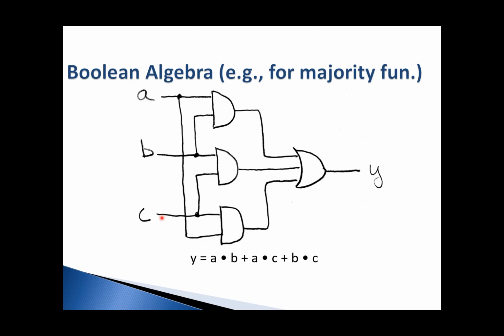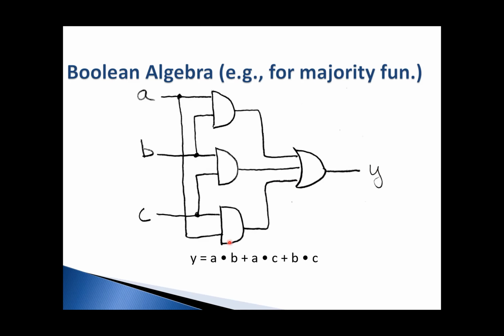And then I have A and C, which is here. So you have AB, BC, AC, the outputs. And what do you do with them? You put them into an OR operator. OR means plus in Boolean algebra. So you have AB or BC or AC.